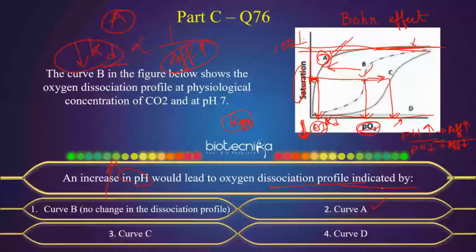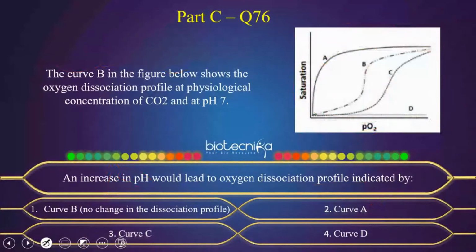Right? So simple logic, dependency on the Bohr effect, pH increase, affinity increase, and we know that if affinity is increasing, we require less substrate to achieve saturation. And because of that, the graph takes a left shift. So basically, we can take this reference that there is a certain P50 value.